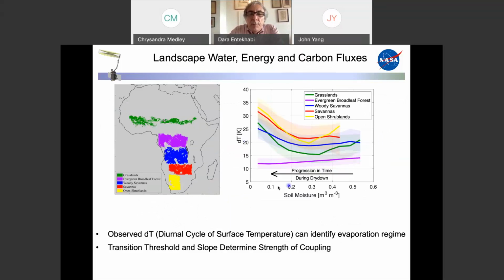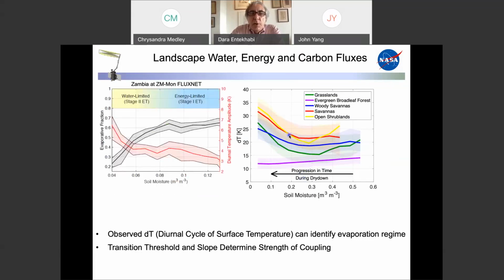And if I plot the diurnal amplitude of the surface temperature, which is going to get affected a lot if the surface energy balance is water limited or energy limited, then if I plot those for these landscapes and climates, you do see the energy limited regime where there's no response, soil moisture is not engaged in energy balance, and then a threshold where it suddenly becomes engaged, the water limited regime. So at least we can detect the strength and the threshold.